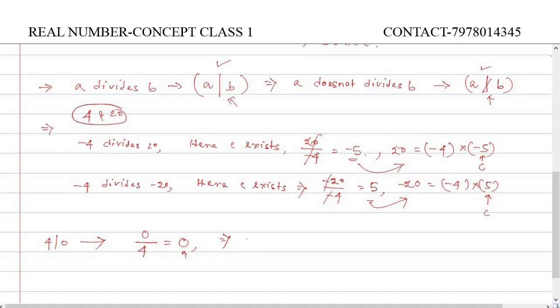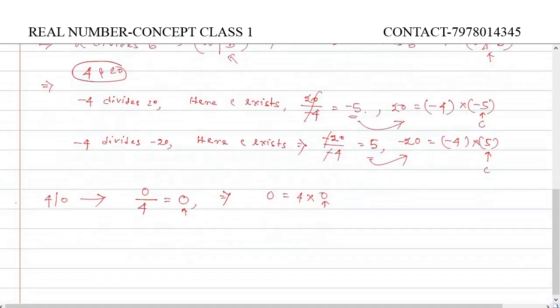Yes, c exists. Now if c exists, then we can write b is equal to a into c, so 0 is equal to 4 into c. Now see, c exists here.